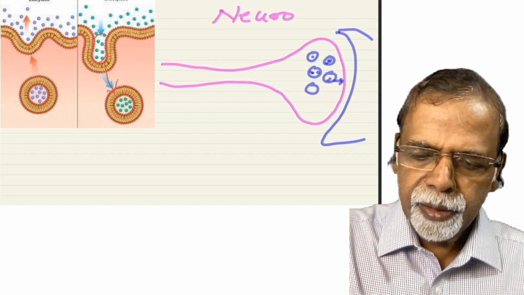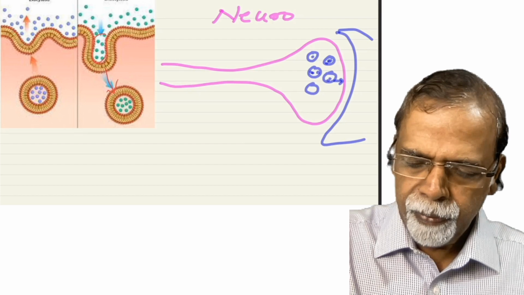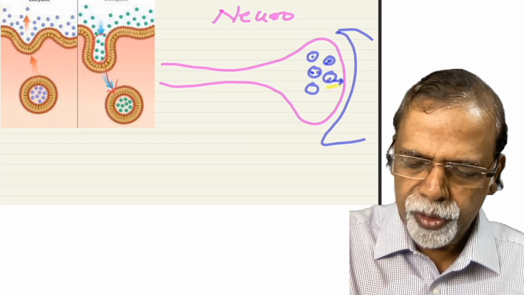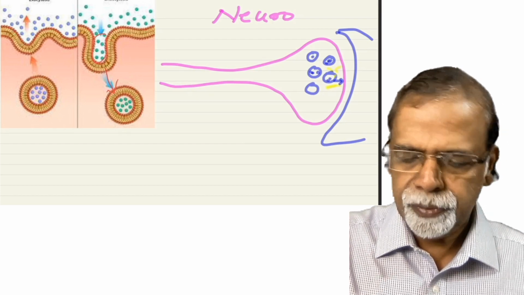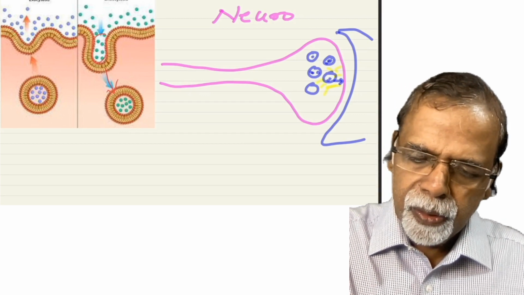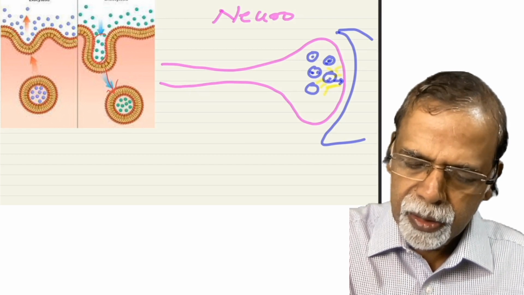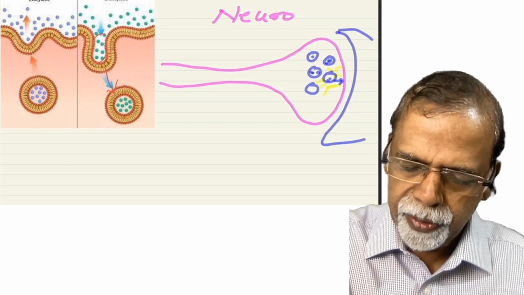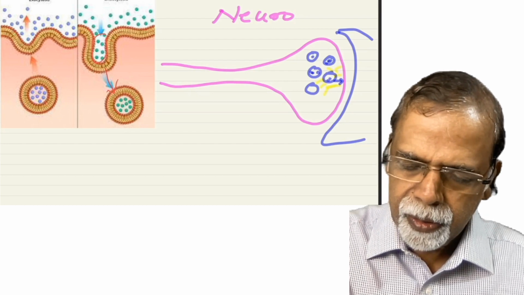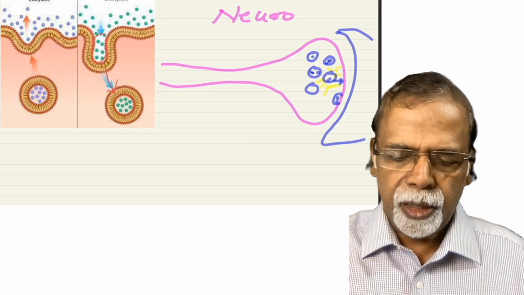and proteins like actin, filament, and myosin will help for the movement. And this vesicle will fuse with the cell membrane, and the neurotransmitters are released into the synaptic cleft.